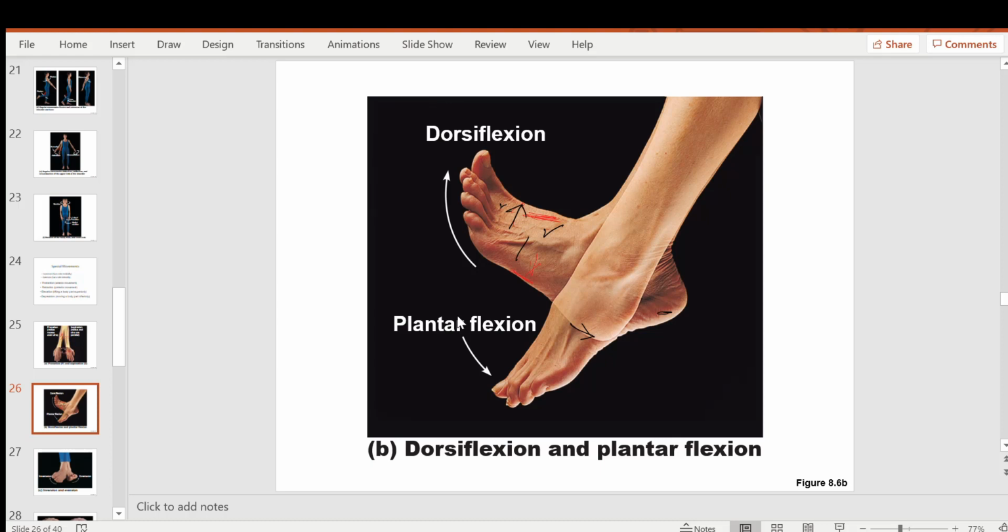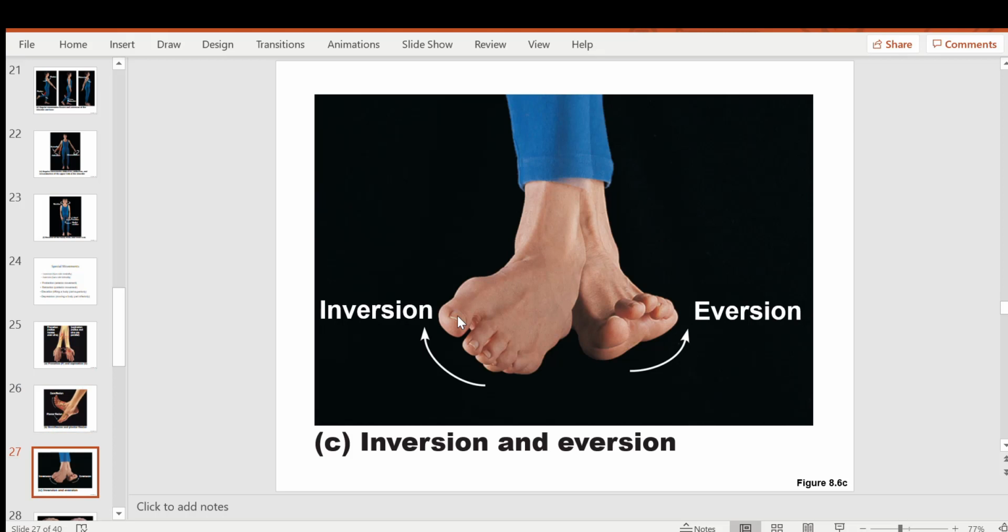If I ask you to stand on your toes, that is plantar flexion. Inversion, if you move your big toe up, that is inversion. If you move in the opposite direction, that is eversion.